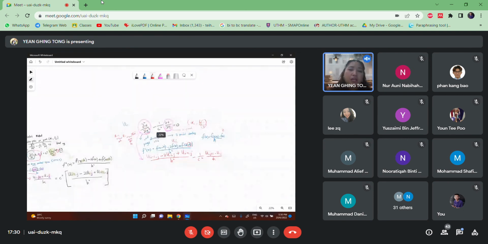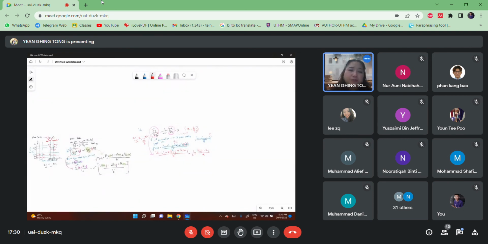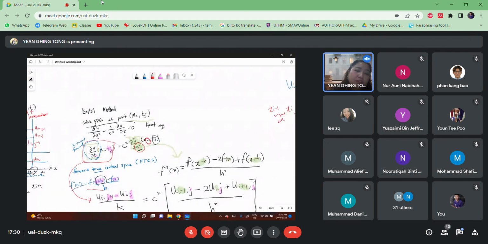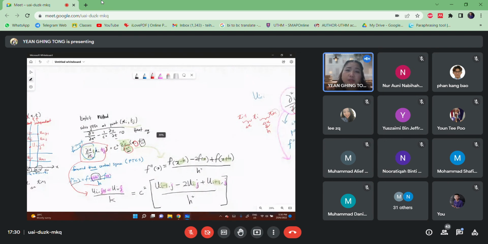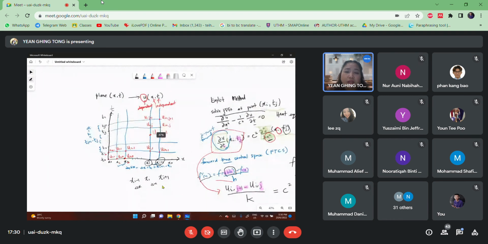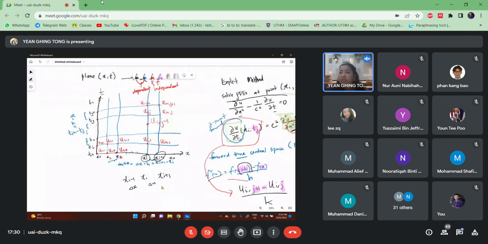Okay, wait. I remember this grid. Just now you could understand on this grid. Wait, I go back to the grid from just now. Okay, do you understand this one or not? This grid. Okay, let's say we have x for the x-axis.